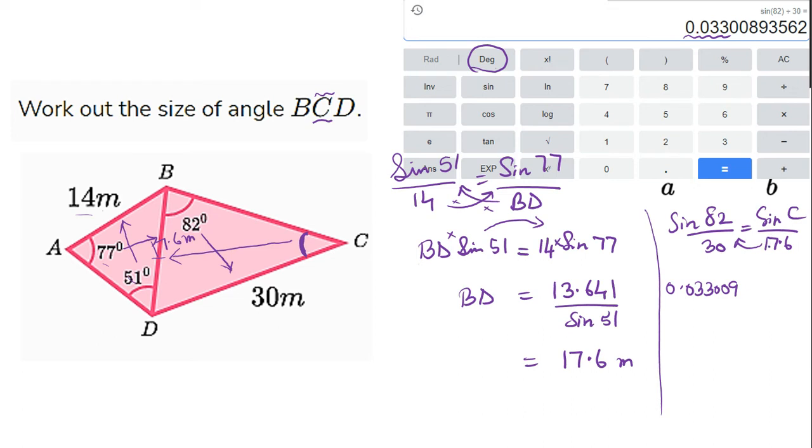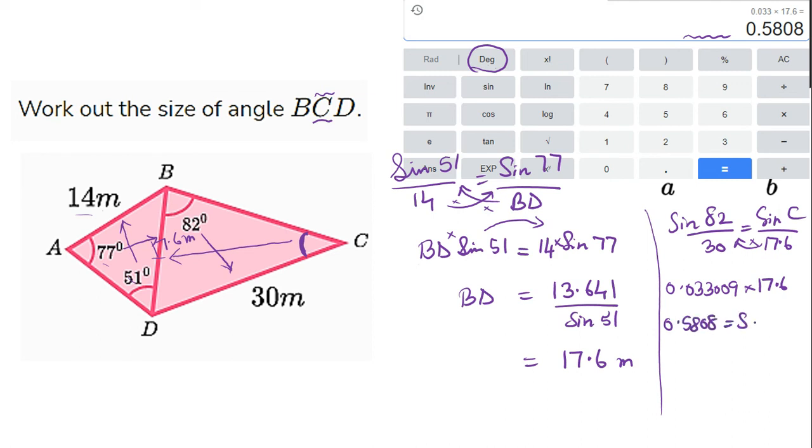I need to take everything that is attached with the C to the other side. So 17.6 is in division with the sine C; when it goes to the other side, it turns into multiplication. So 0.033 and so on times 17.6. If I check that on my calculator, again making sure it is set on degrees, my answer is 0.5808.